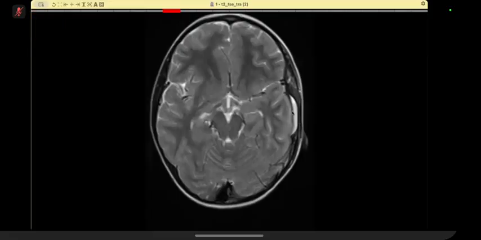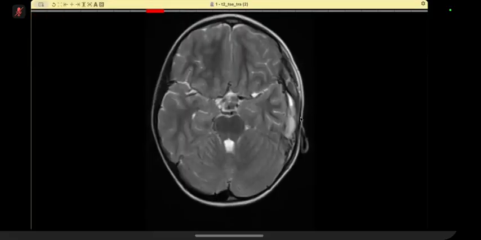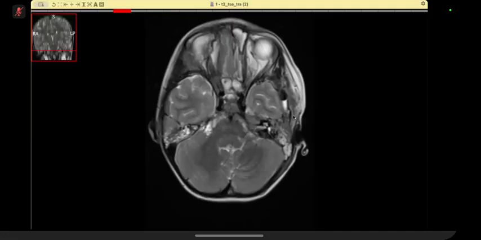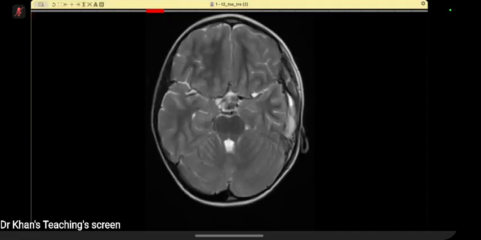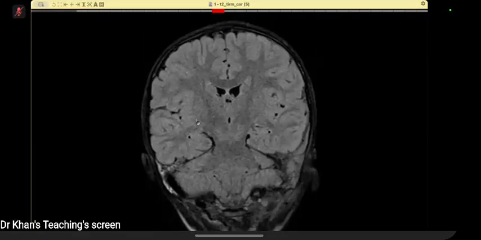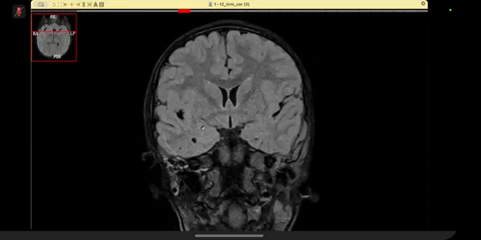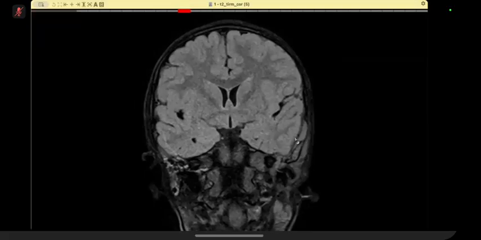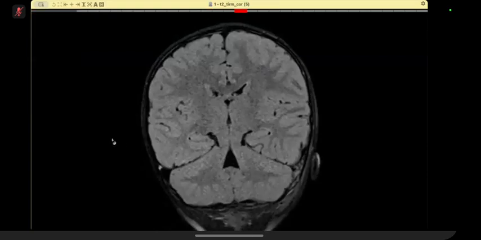You can see this is epidural, this is extra-axial, and you can see this air bubble, and this is the air fluid level here. So the abscess has reduced slightly, and so on a FLAIR sequence, it is not as clearly seen, but the main thing is it is extra-axial, epidural.